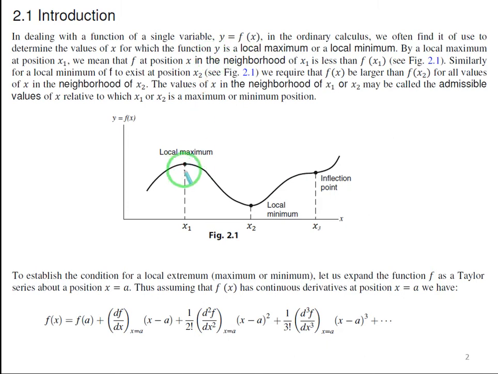We define x1 as a local maximum of this function if, and be careful on this definition, x1 is a local maximum of function f if in an admissible neighborhood of x1, f of x1 is greater than f of x. x2 is a local minimum of the function f if in an admissible neighborhood of x2, f of x2 is less than f of x.